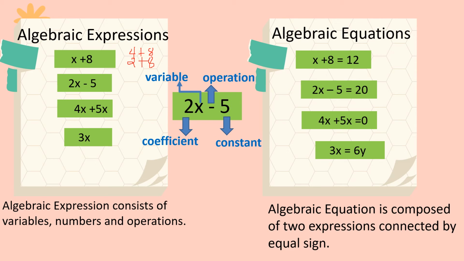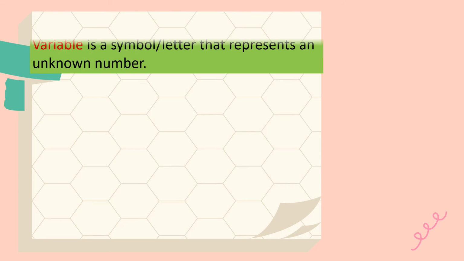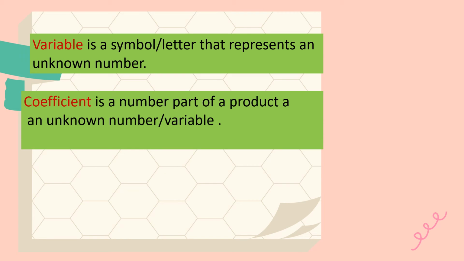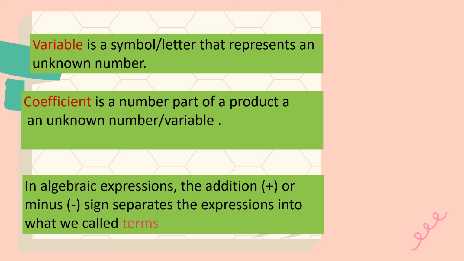Okay? Now, let's learn more about the variable, coefficient, and about the terms. So a variable is a symbol or letter that represents an unknown number. So take note, a while ago, I didn't mention the specific number, so I just replaced it with a letter.